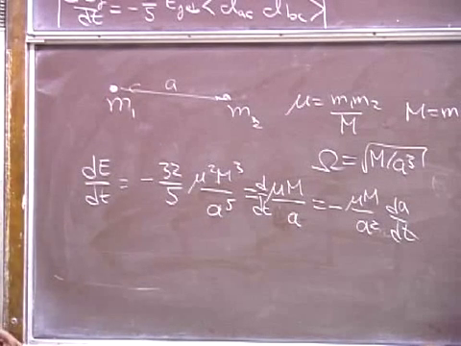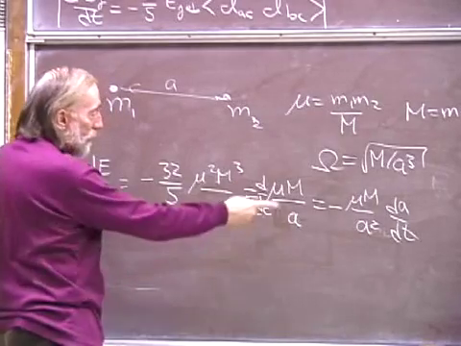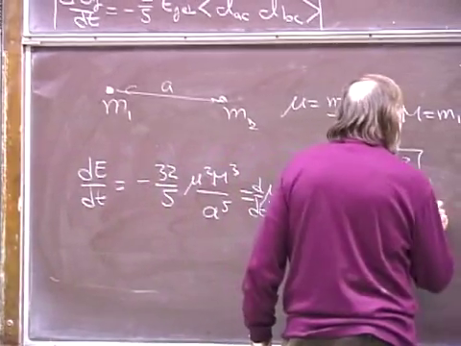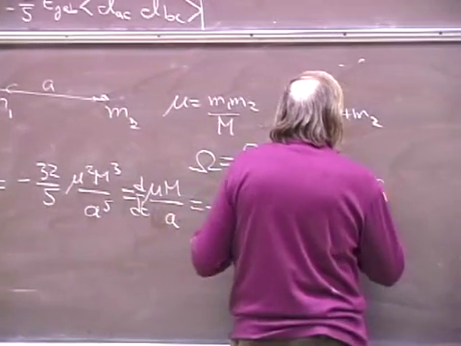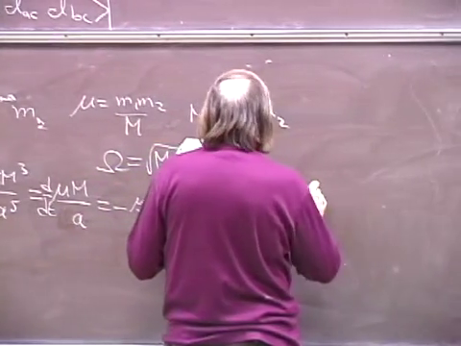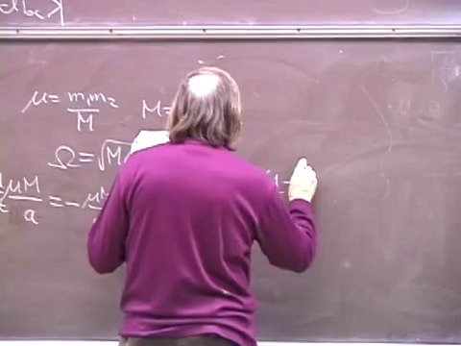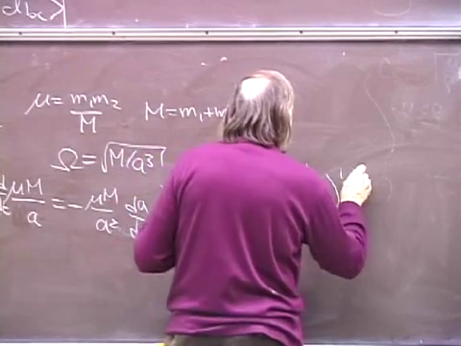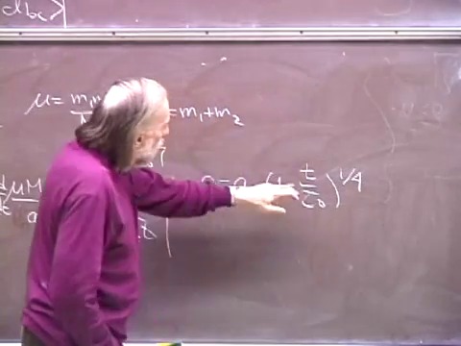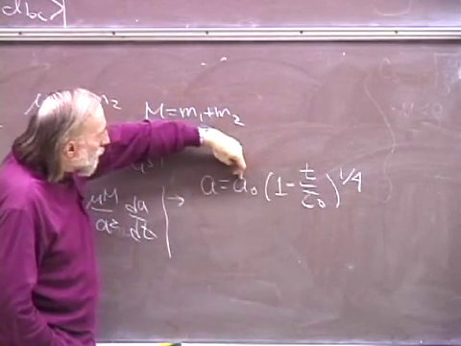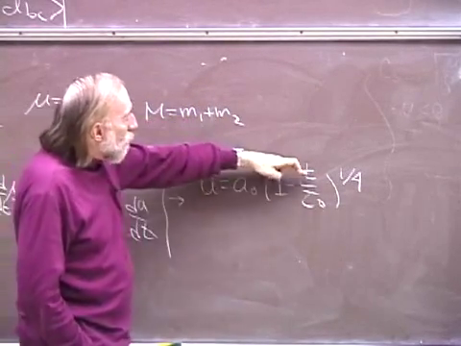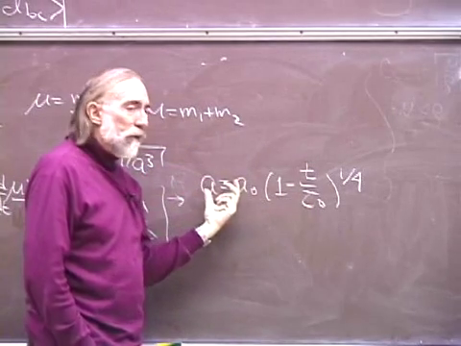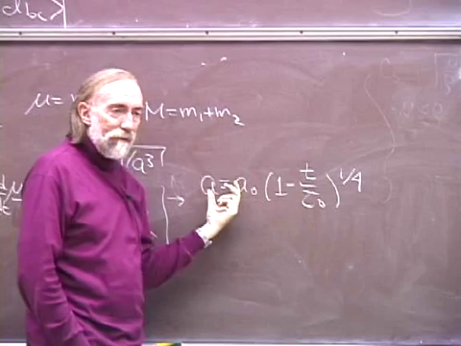And you can easily solve the differential equation, since it's just a 1 over a to the fifth on the left-hand side. And that tells you that a is equal to some initial separation times 1 minus t over tau naught to the 1/4 power. So at t equals 0, a is equal to the initial separation. And when time tau naught has elapsed, the two stars have come crashing together.